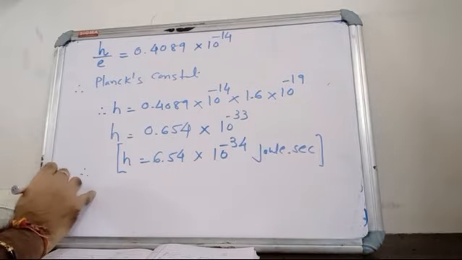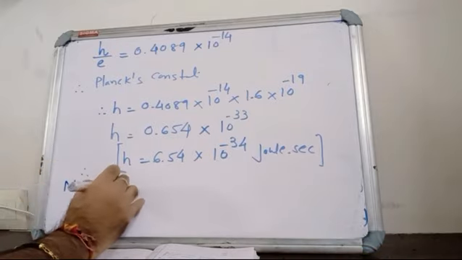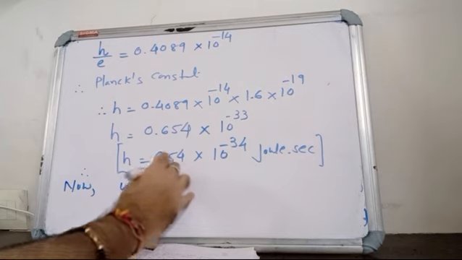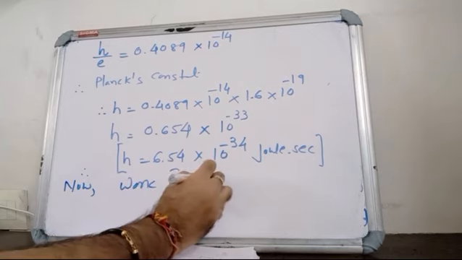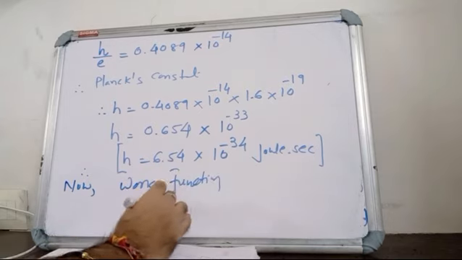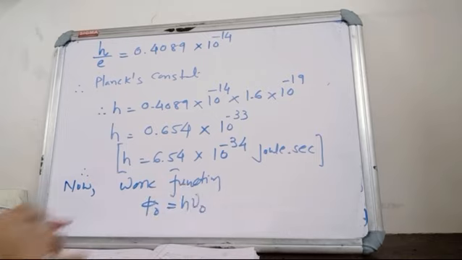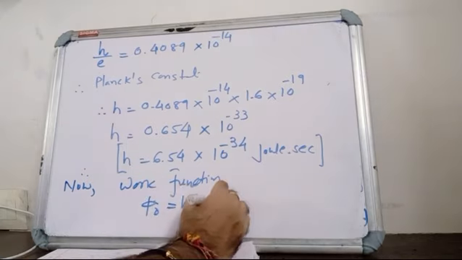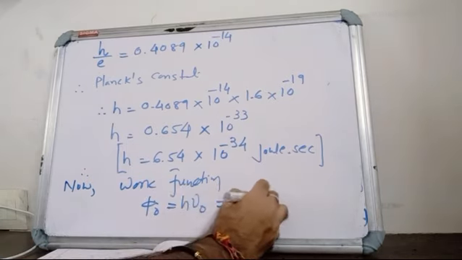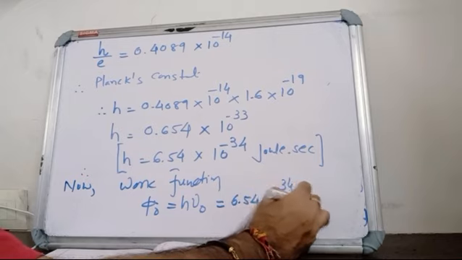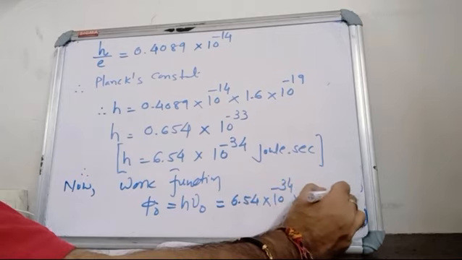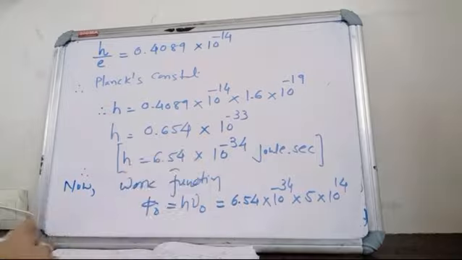Okay, now last, work function. Phi 0 is equal to h nu 0. It is 6.54 into 10 raised to minus 34, and our nu 0 is 5 into 10 raised to 14 hertz.